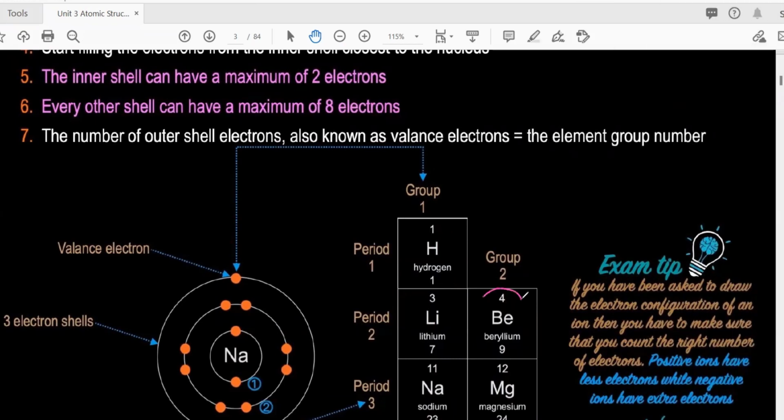Now I want to draw the electron structure for beryllium. So how will I draw? First, how many protons are there in beryllium? The number of protons is 4. Good. How many electrons?